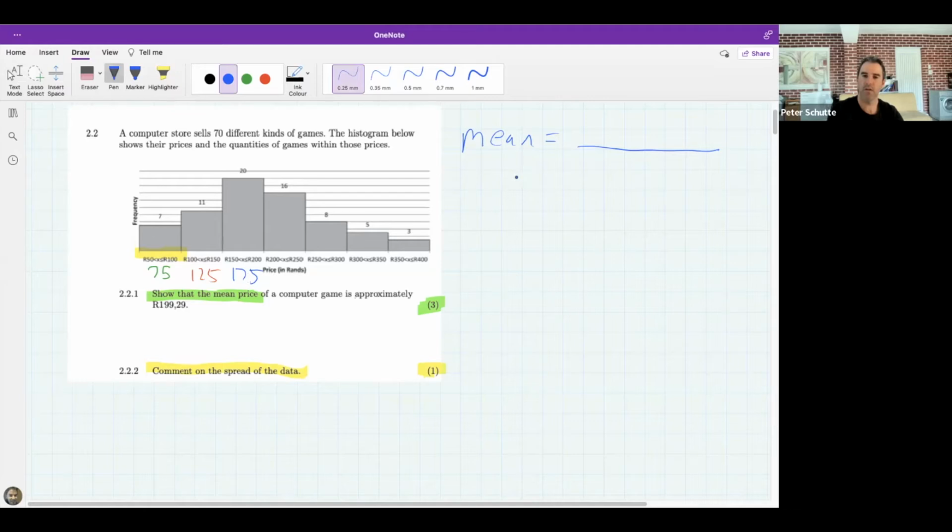Well, if you've got 7 here and 11 here and 20 here, can't you just add these all up? Or you could look at the question and see there's a 70.